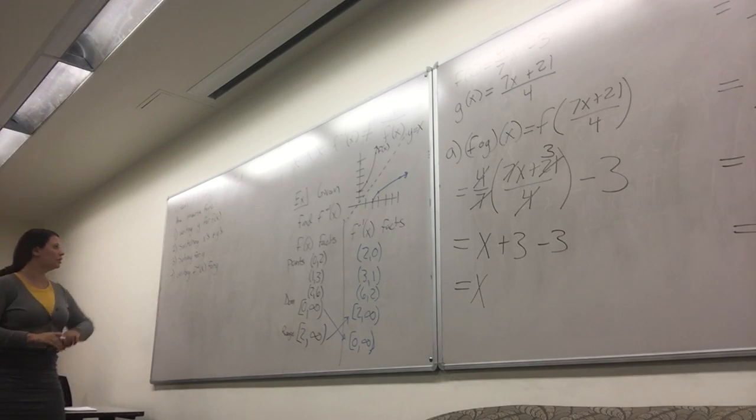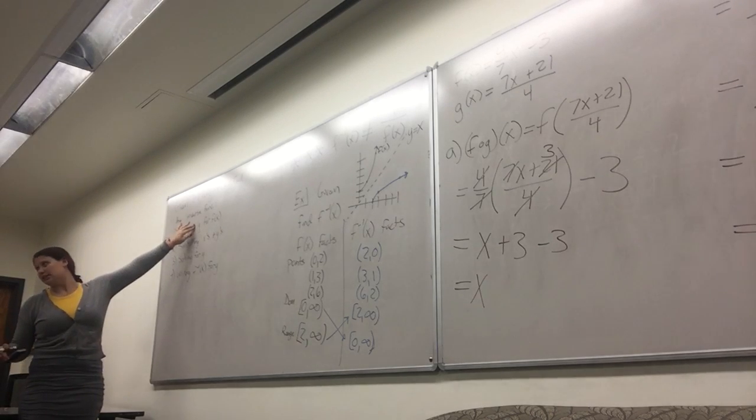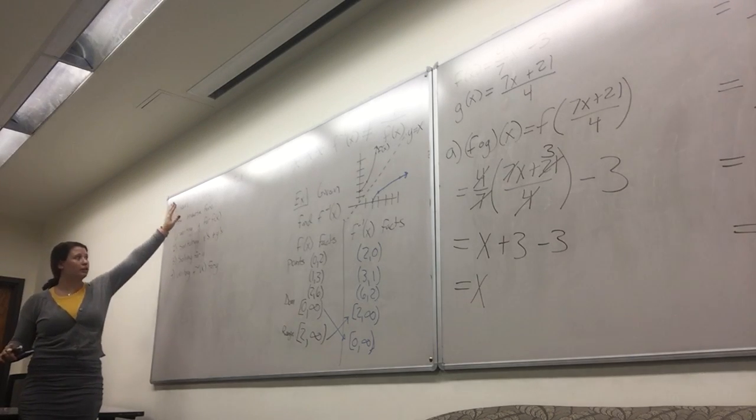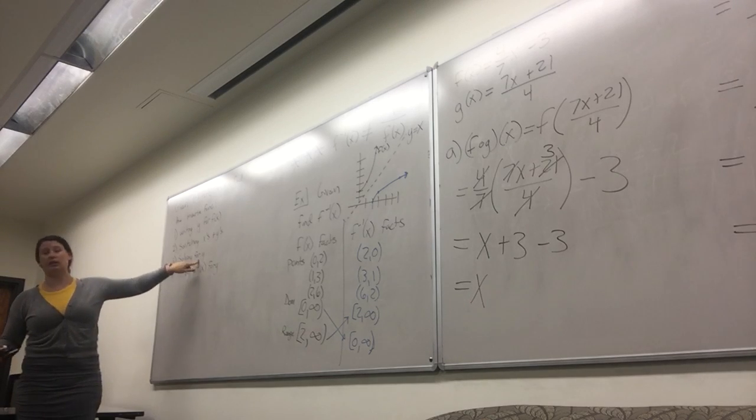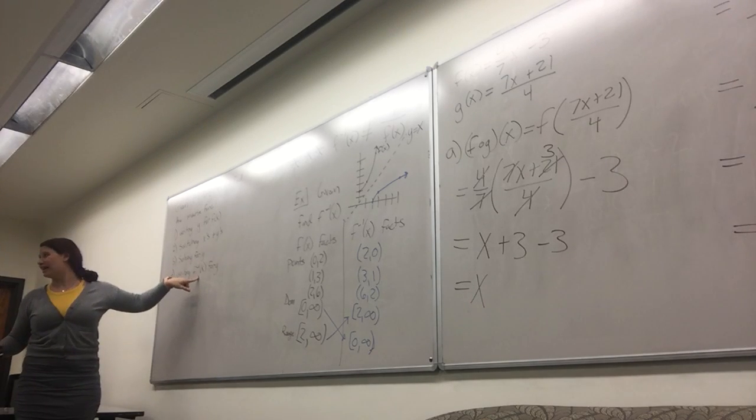Okay, so essentially write it with y's and x's, then switch them, solve it for y, and then write it back into function notation. Okay?